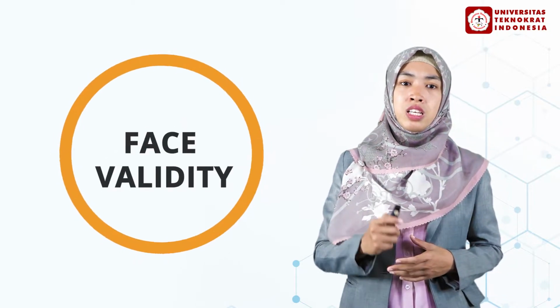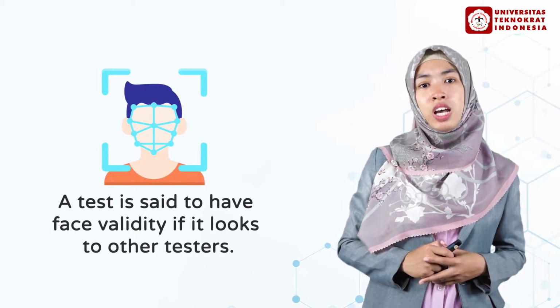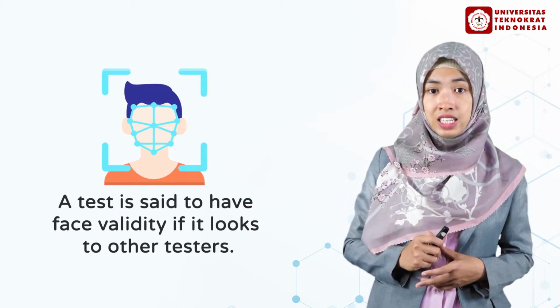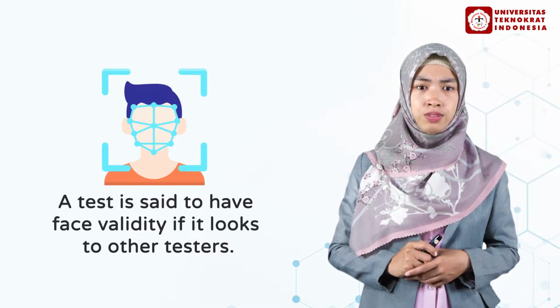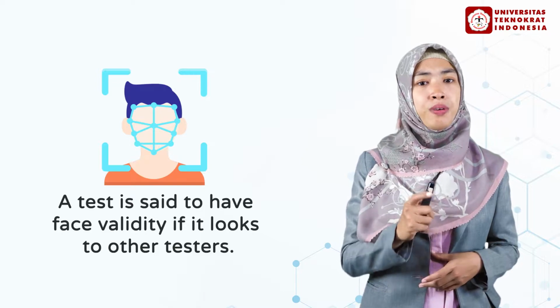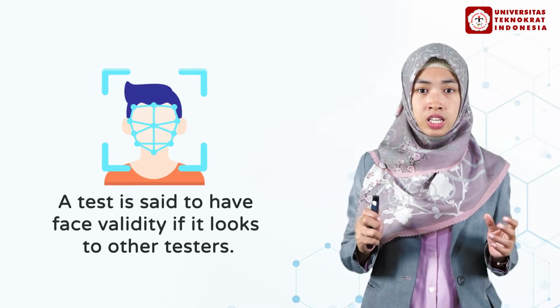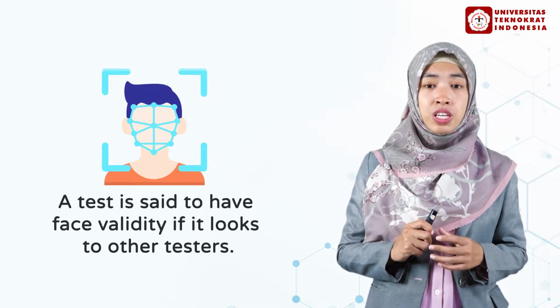And then the next one is face validity. In face validity, a test is said to have validity if it looks to other testers, teachers, moderators, and other students as if it is measuring what it is supposed to measure.